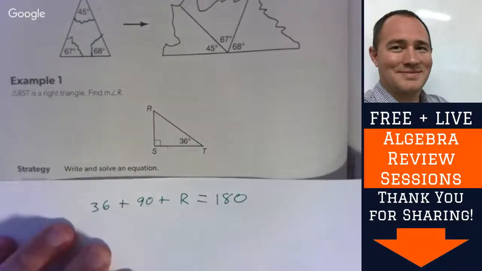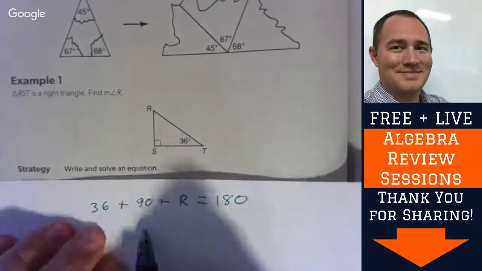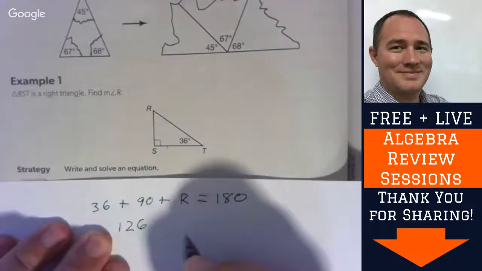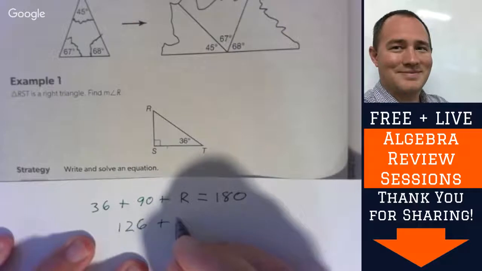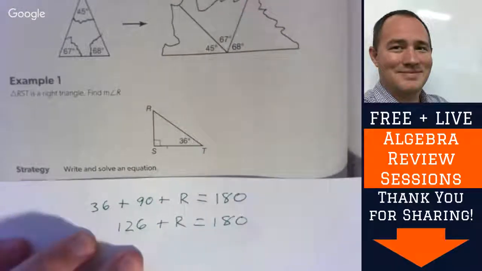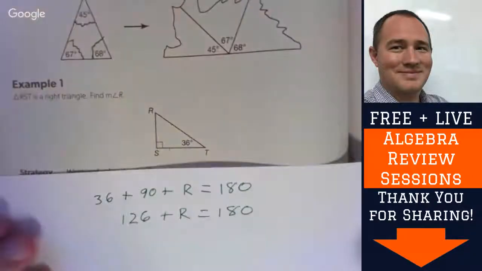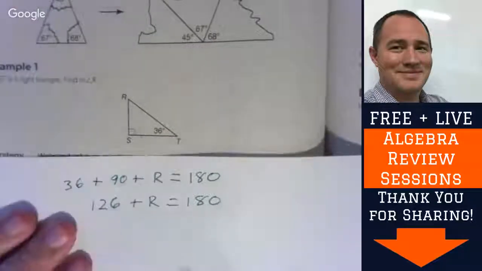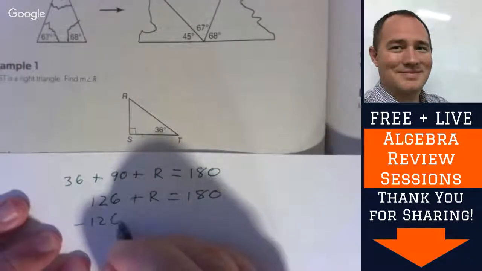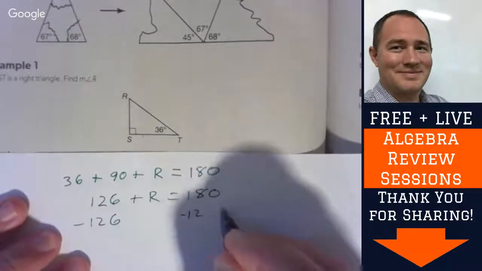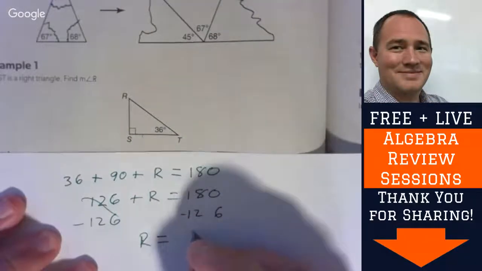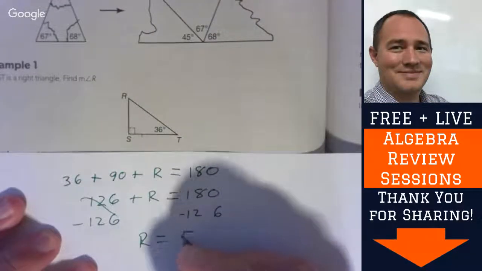So now it's just a matter of solving for R. If we put these two like terms together, we should have 126 plus R equals 180. Subtract 126 from both sides. That cancels that, so we're left with R equals 54.